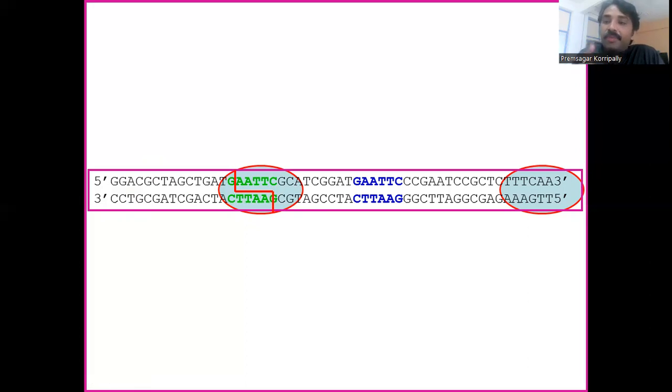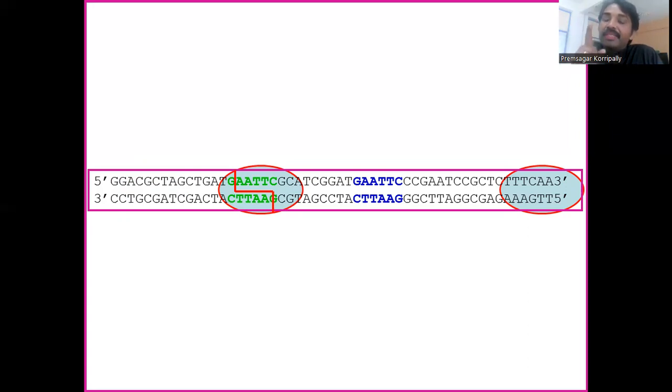As I told you, restriction endonucleases are the enzymes which catalyze the breakdown of phosphodiester bonds of duplex DNA at specific recognition sequences and release the DNA fragments with cohesive ends or blunt ends.